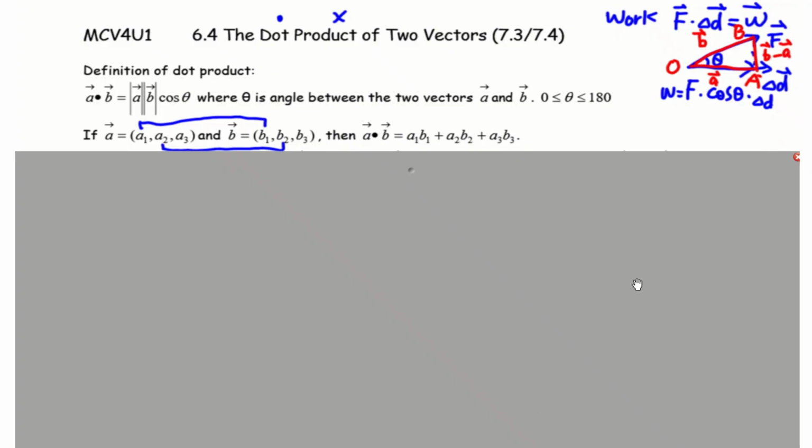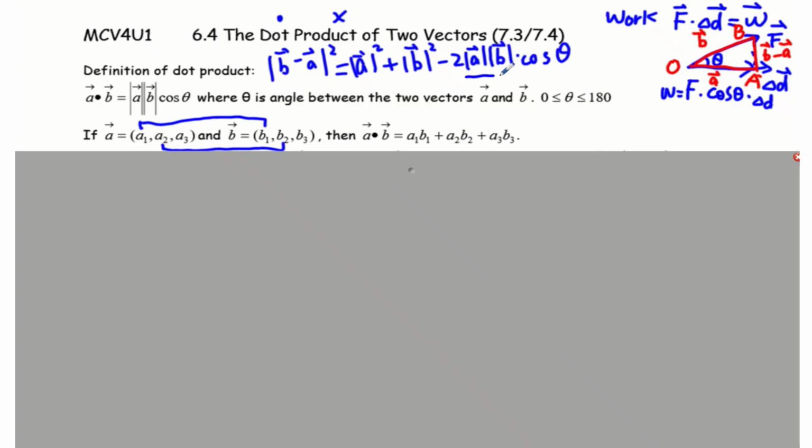And in this triangle, we could use the cosine law, that is the magnitude of B minus A squared equals magnitude A squared plus magnitude B squared minus 2 magnitude A magnitude B, then times cosine theta.